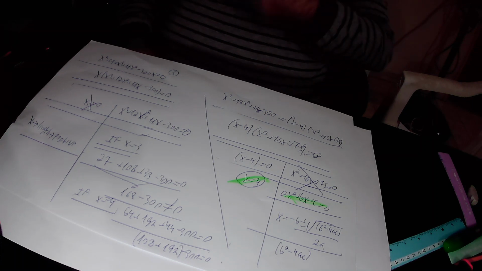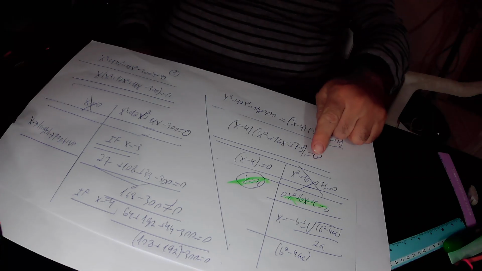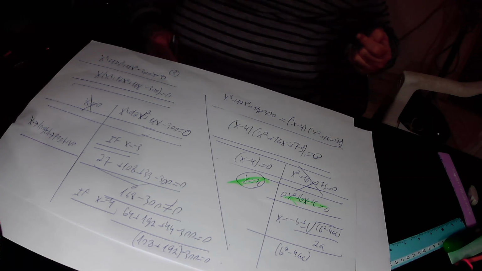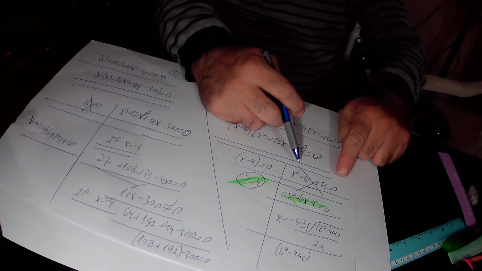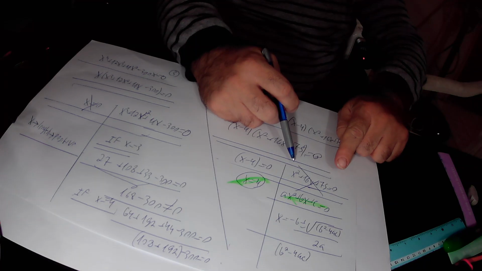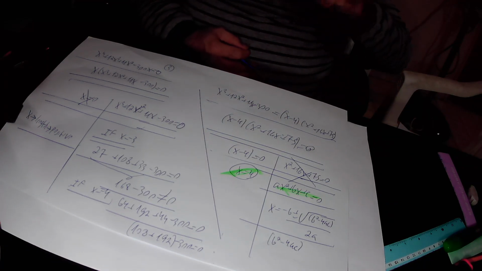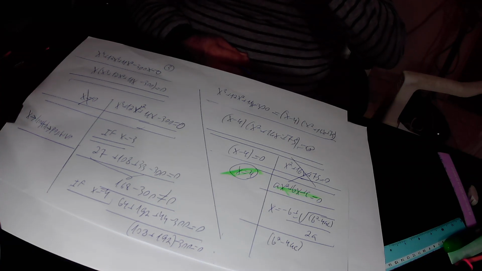This is to say, you cannot find any real number that solves this equation, such that the left side of the equation equals the right side. So this quadratic equation has no solution at all, and therefore, we can cancel this incorrect solution.